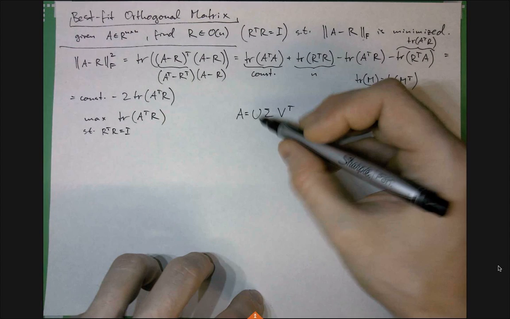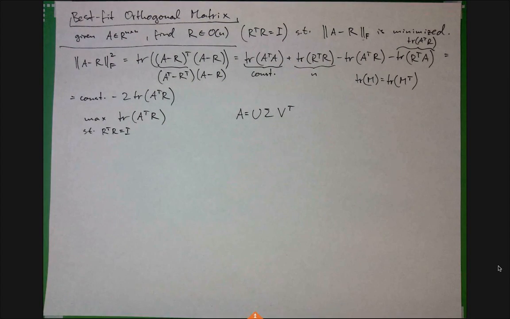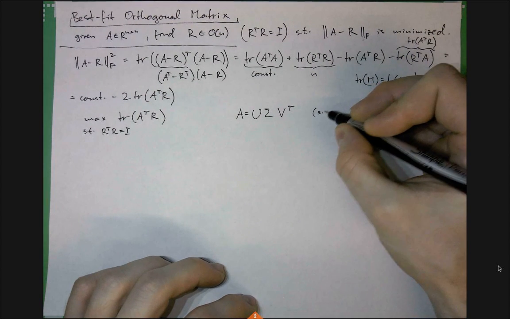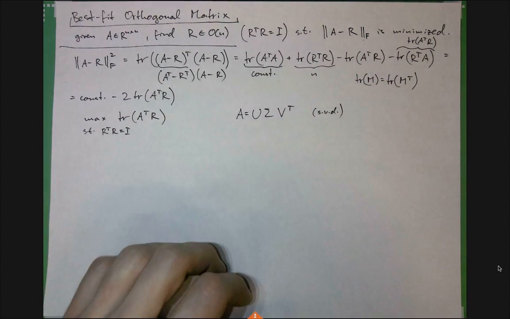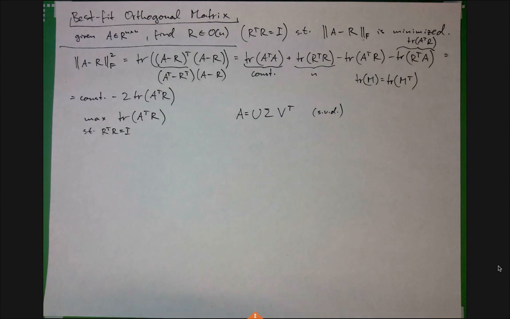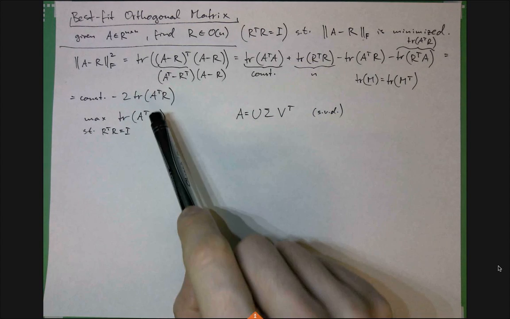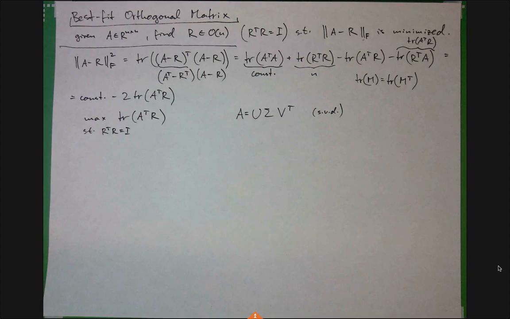And U and V are, actually you tell me. What are U and V and what is sigma? Because this is a singular value decomposition, SVD. So here the idea is that we will use the SVD to find the optimal R.